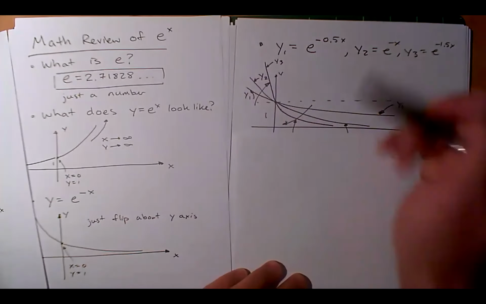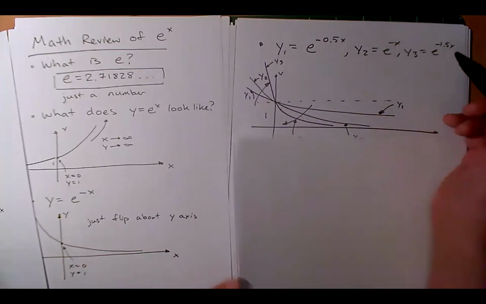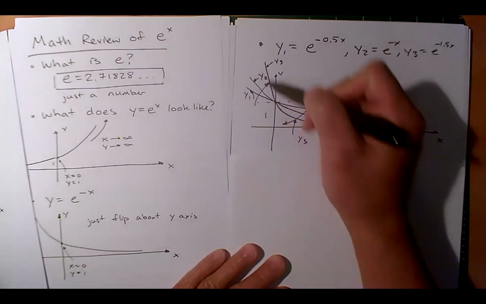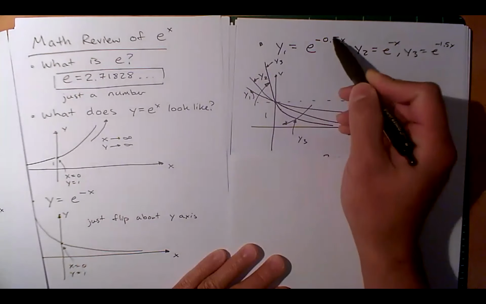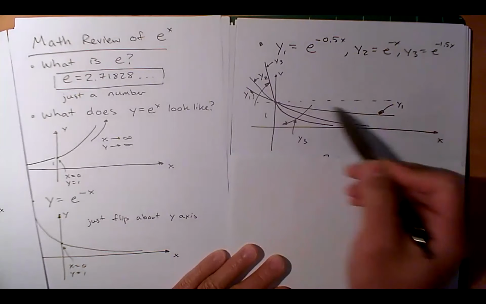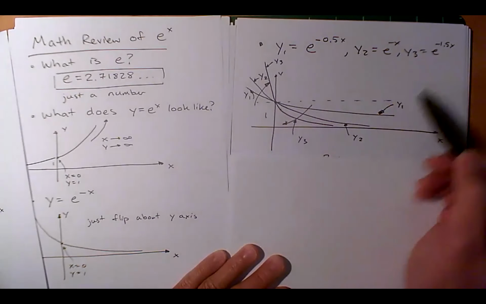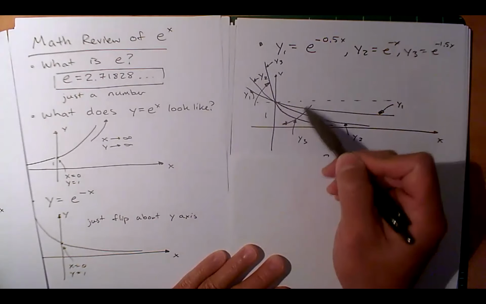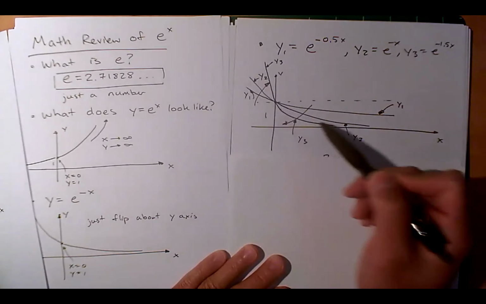And if you have a bigger number, y equals e to the minus 1.5x, you're going to get a steeper line, right? And if you have a minus 0.5, which is less than 1, you're going to have a shallower line, right? You guys see that? So that number in the exponent changes how fast this decays, right?